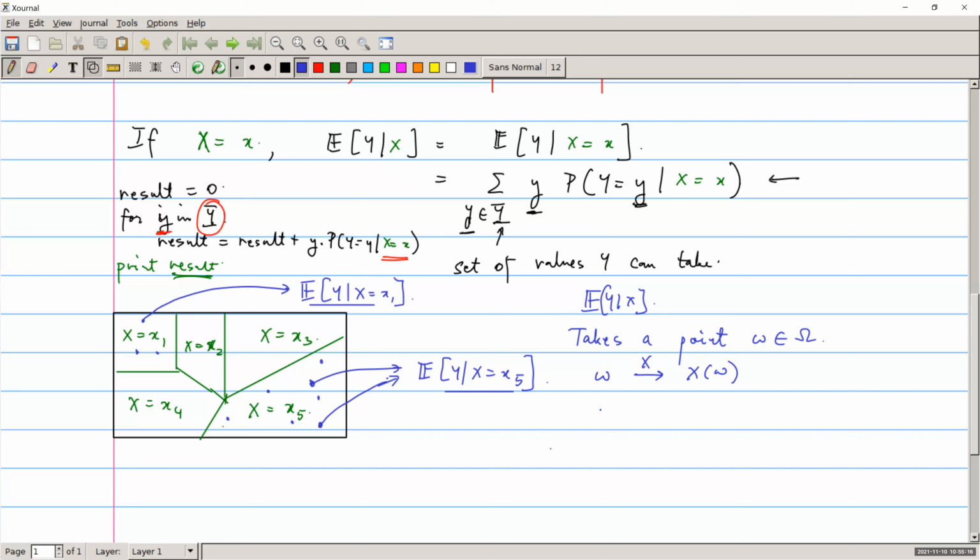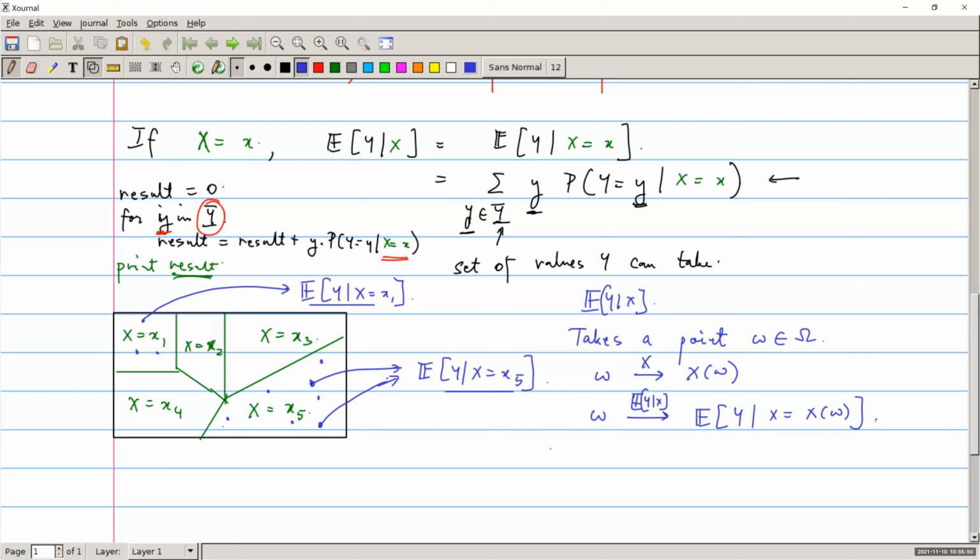Now expectation of Y given X takes that same point and maps it to the number expectation of Y given X equals capital X of omega. It takes the partition of the universe that X made, and to each part in this partition, it assigns the number corresponding to the expectation of Y given X equals the value that X has taken.